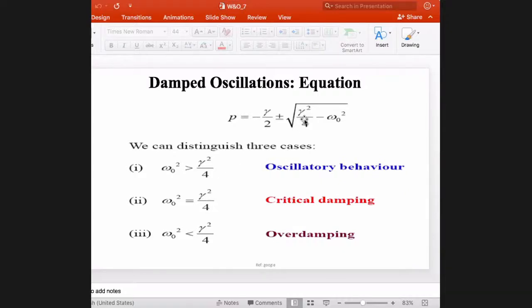That means these two terms are equal, so this term will be omitted from our equation. So p is equal to minus gamma by 2 only in our second scenario.